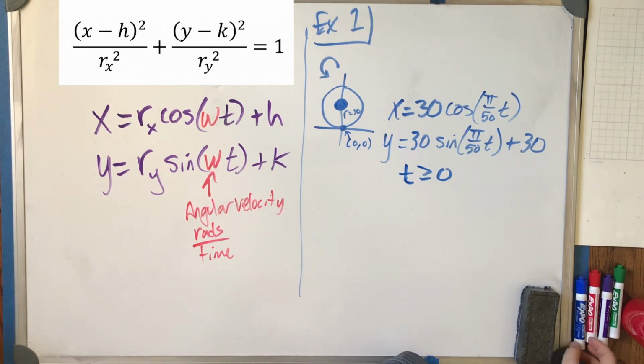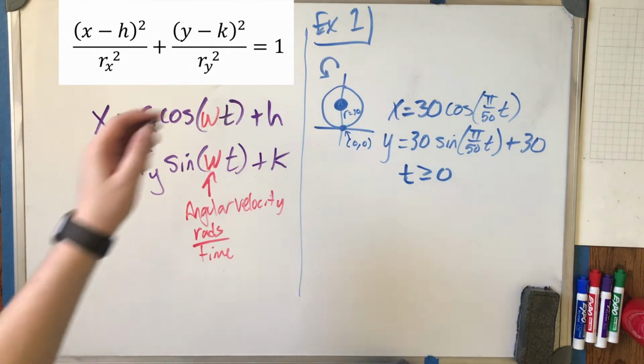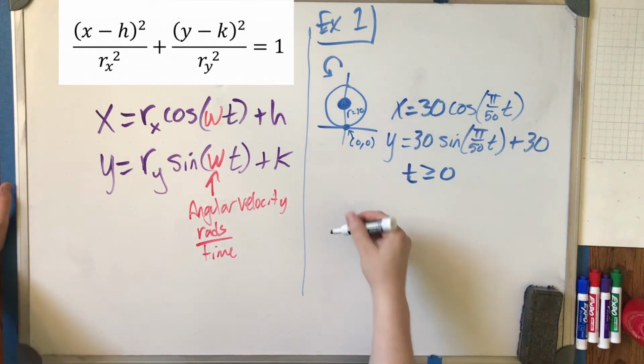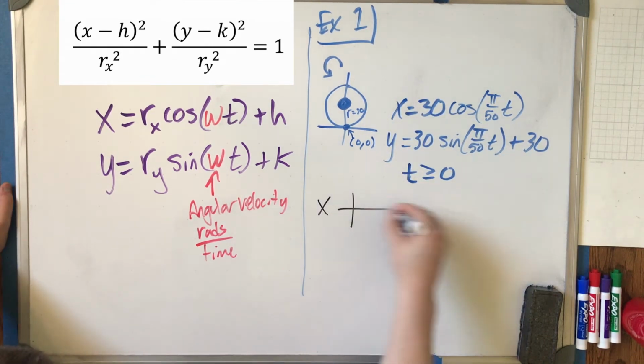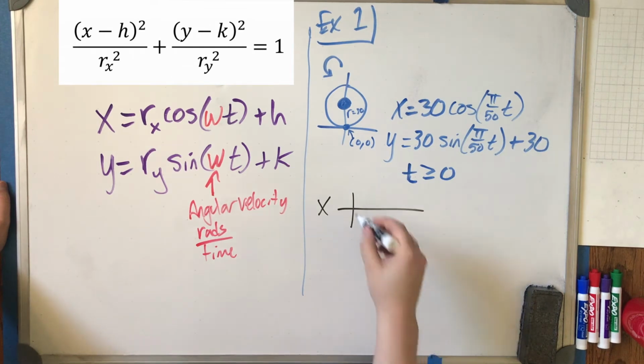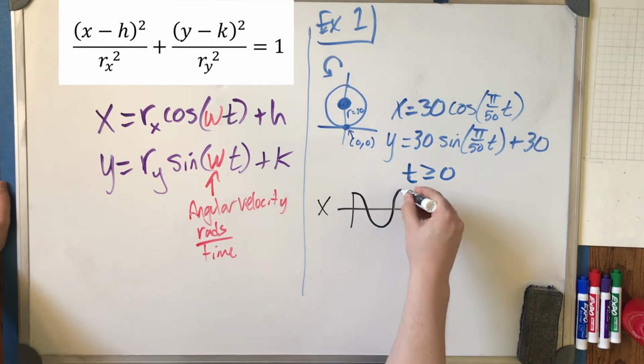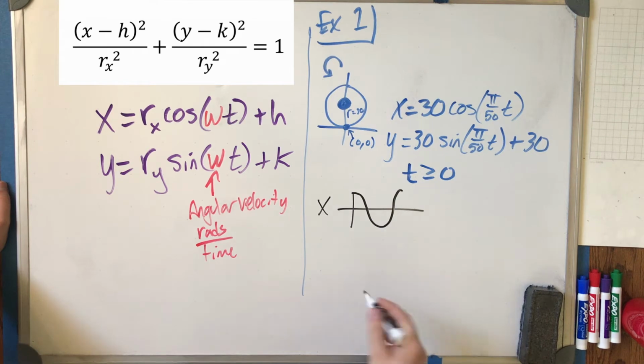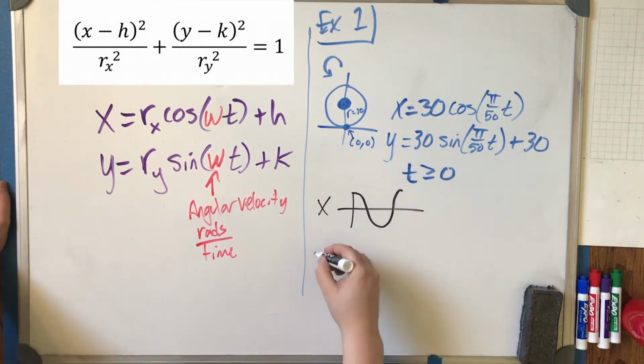Have we taken into account this counterclockwise? That's an important aspect that we need to make sure we've figured out. Let's actually look at this x value here. x is modeled by cosine. What do we know about cosine? Cosine starts up here and it goes down and then back up. And the y value is modeled by sine.